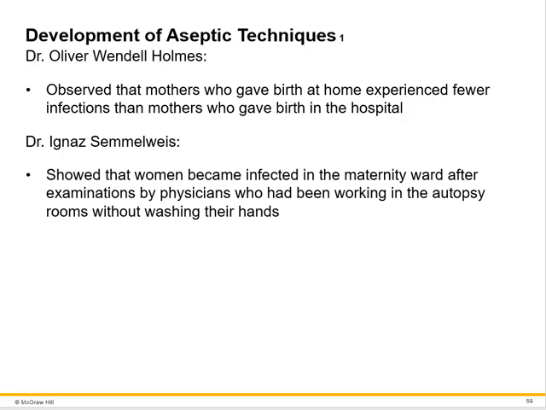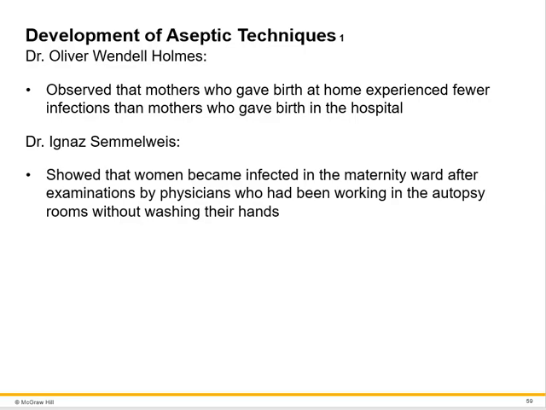And then other development of aseptic techniques involved Oliver Wendell Holmes and Ignaz Semmelweis. And essentially, they both figured out the same thing at the same time, and they observed that mothers who gave birth at home experienced fewer infections than mothers who gave birth in a hospital. And then Ignaz Semmelweis observed that physicians who were working in autopsy went directly to the maternity ward and without washing their hands did a pelvic exam, and so then the women became infected.